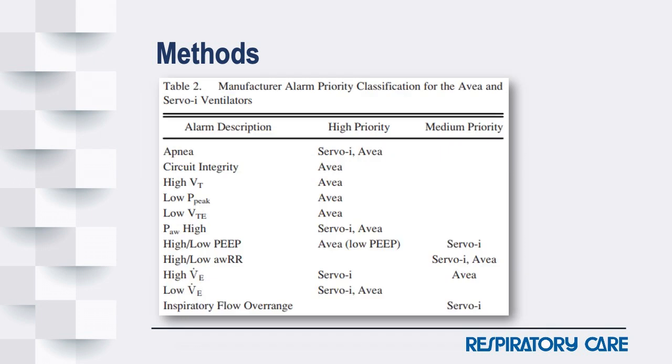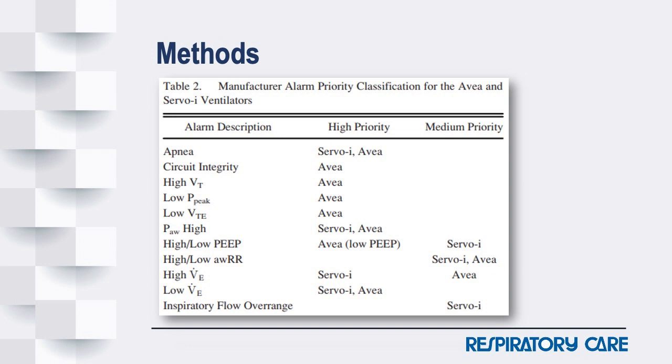Again, there are no standards universally for how to set alarms. And the last methods table I want to show is they've identified the two manufacturers of the ventilators and the high priority versus medium priority alarms with the alarm descriptions. So really just to point out that there are a lot of different alarms that are high priority that were studied in this study.